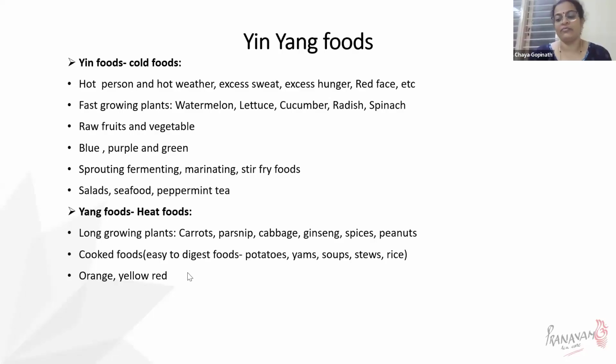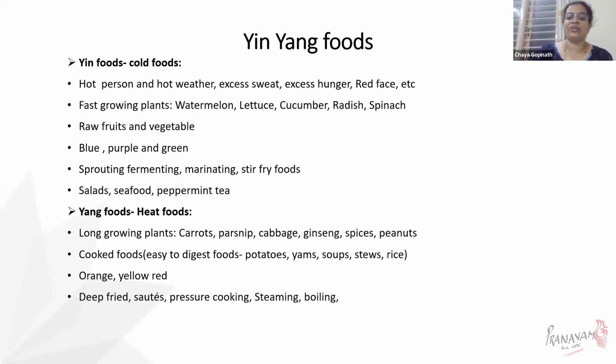Red and yellow related foods are easily digestible. Soups, juices, they're all easily digestible foods. So they enhance the yang property in your body. All your deep fried, sauteed, pressure cooked, steamed, boiled foods come under yang related foods.